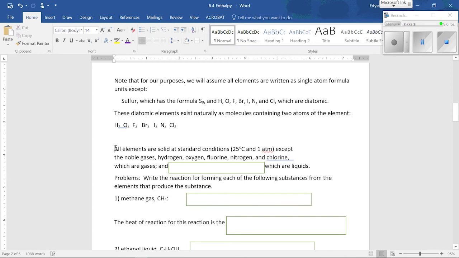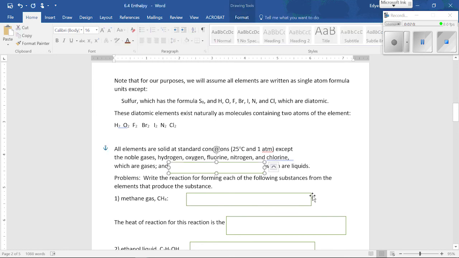Now, another thing you should know is that all elements are solid at standard conditions, except the noble gases, and I'll show this to you in class because it's a pretty easy pattern. The noble gases, most of Hofbrinkel, just bromine and iodine are not gases. So of all of the Hofbrinkels, they're all gases except for bromine and iodine. And then the only other gases are the noble gases.